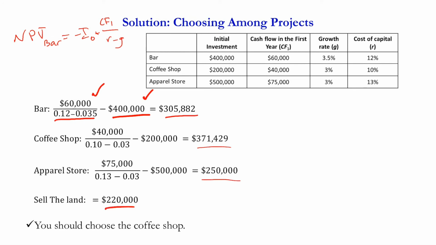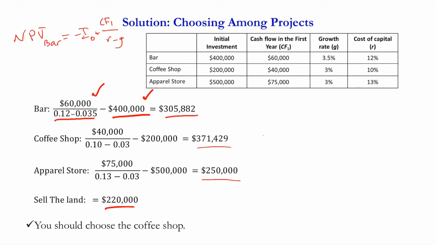And I also have the offer for buying the land. There was an investor who wanted to buy this land for $220,000, and the NPV of doing each of these projects, or running each of these businesses, are as follows.